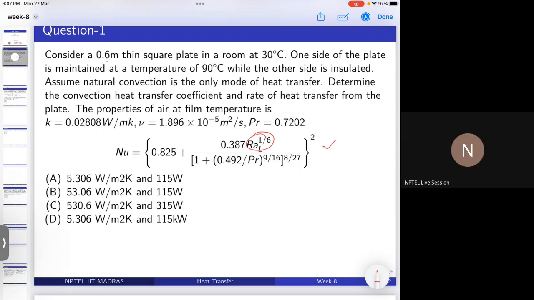The length is given. Consider 0.6 meter; that is the characteristic length. Is it thickness or length? It is 0.6 meter in length, but the thickness is very thin. The length is 0.6 meter.